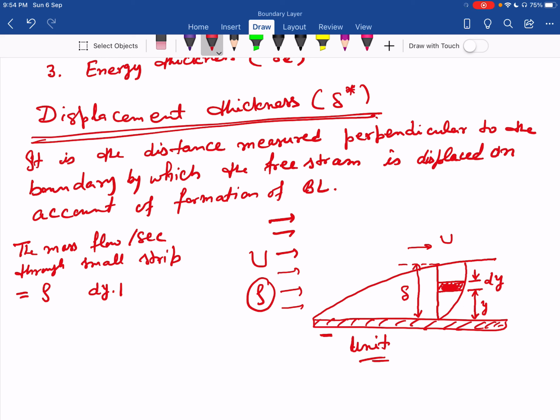Okay, and the velocity of the layer is small u. Now I again write, this becomes rho u dy.